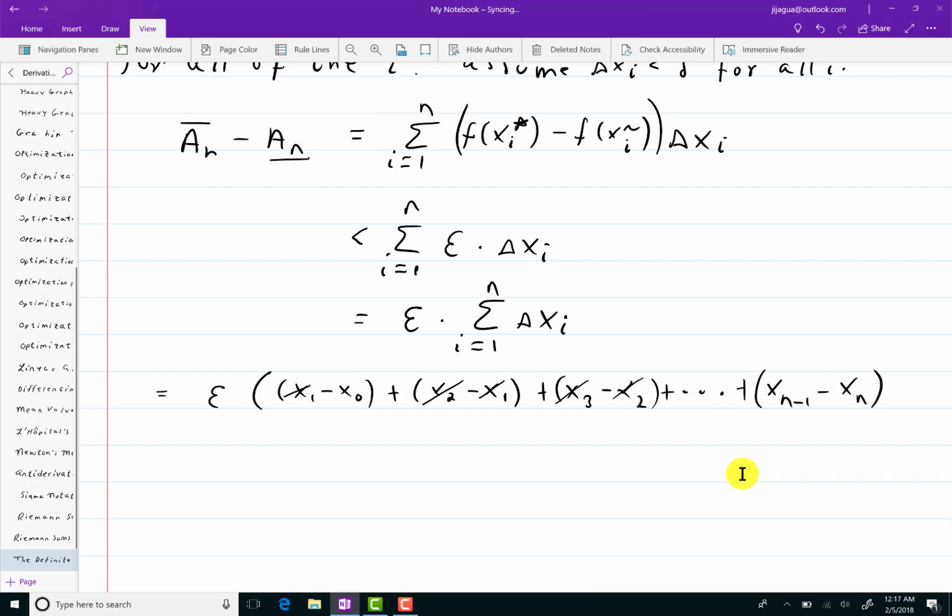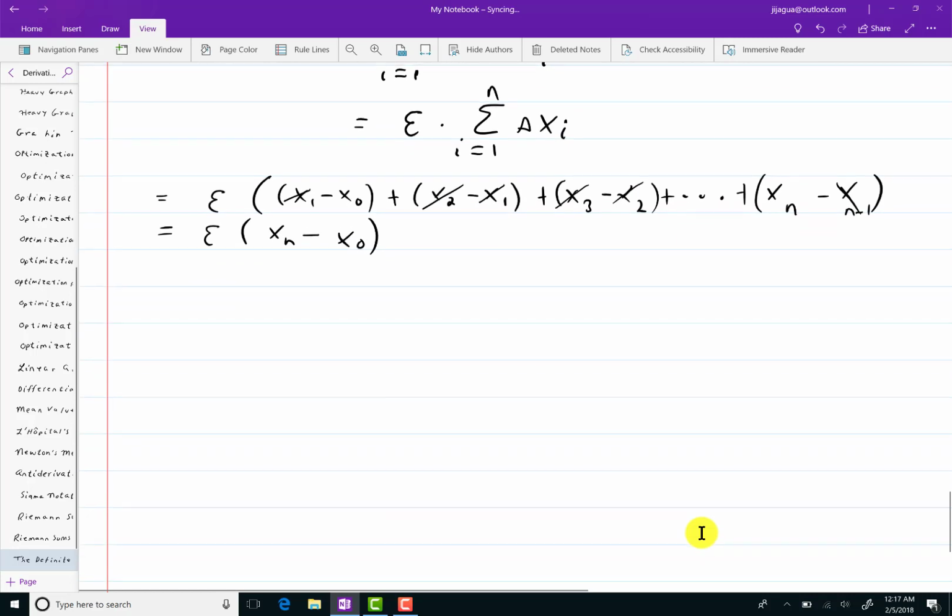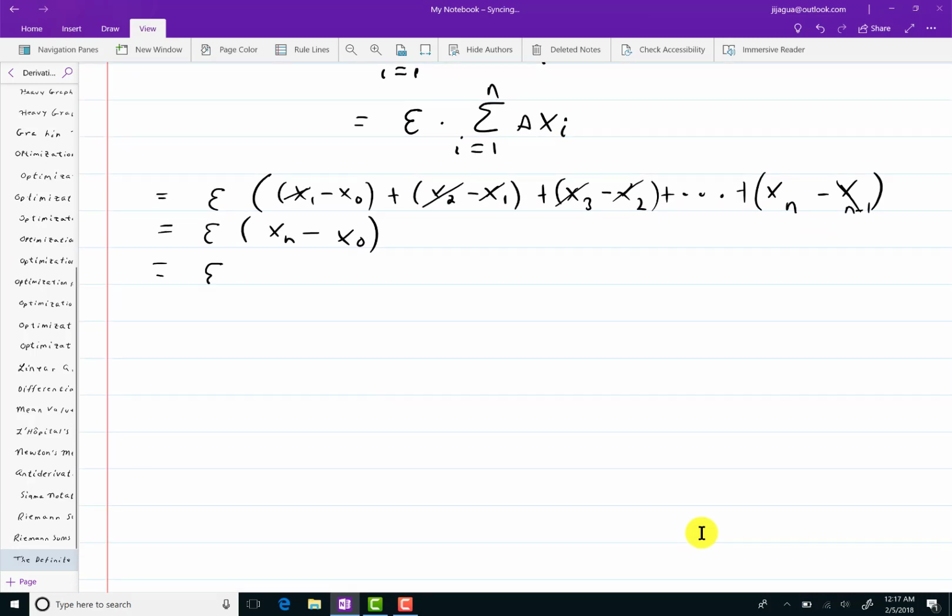I messed up, this last one should be xn minus x sub n minus 1. What you'll notice is that the x1 cancels, and the x2's cancel, and in fact everything in between is going to cancel, except for x sub 0 and x sub n. So this equals epsilon times x sub n minus x sub 0. Well, x sub n is b, and x sub 0 is a.